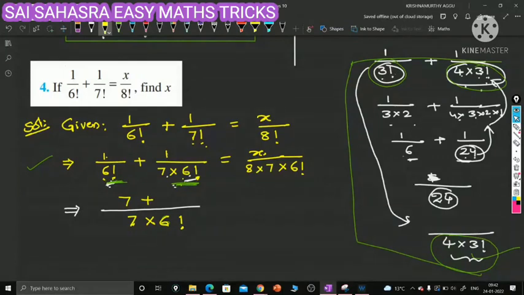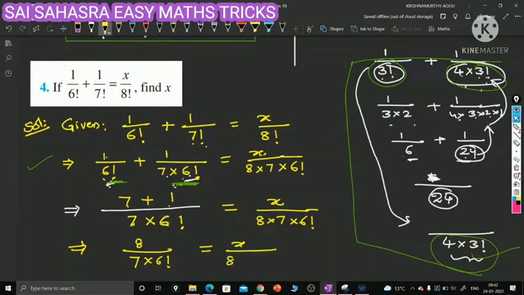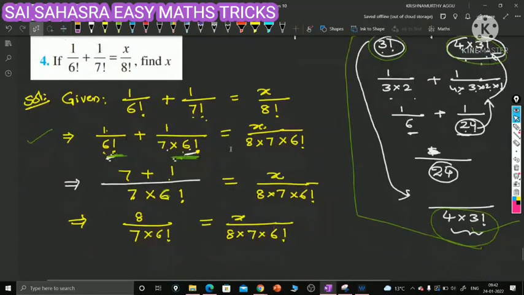So no change in the numerator, that is 1 is equal to x by 8 into 7 into 6 factorial, we can write. Further, 7 plus 1 will be 8 divided by 7 into 6 factorial is equal to x by 8 into 7 into 6 factorial. We wanted to find the value of x only.